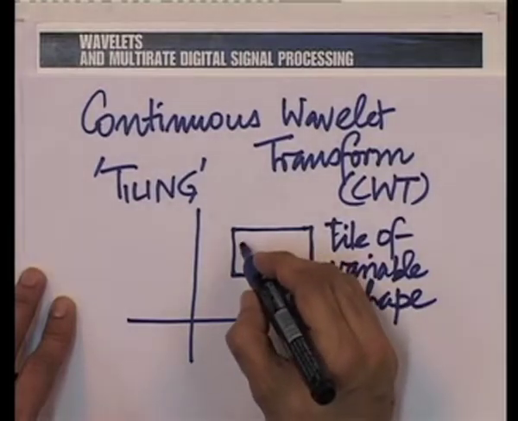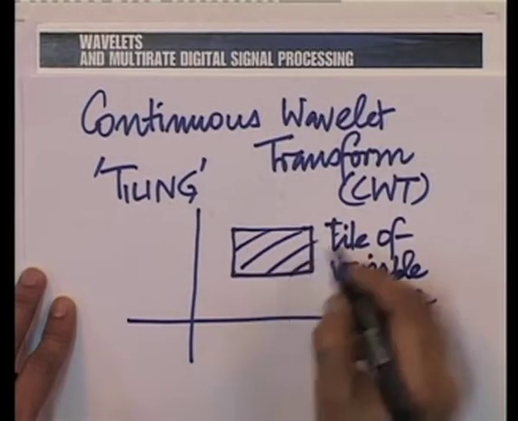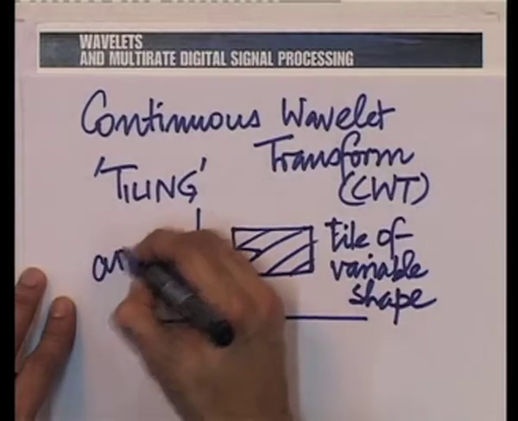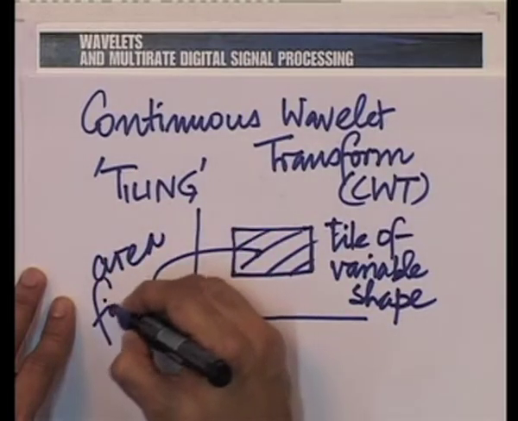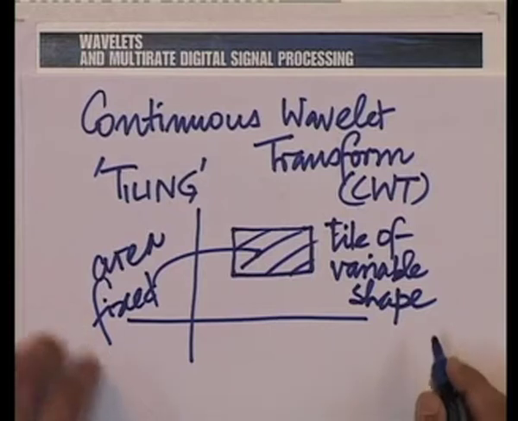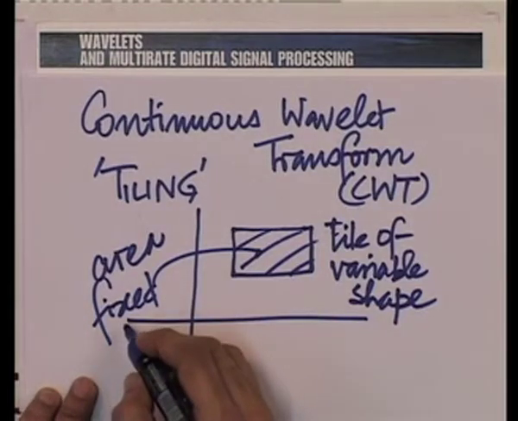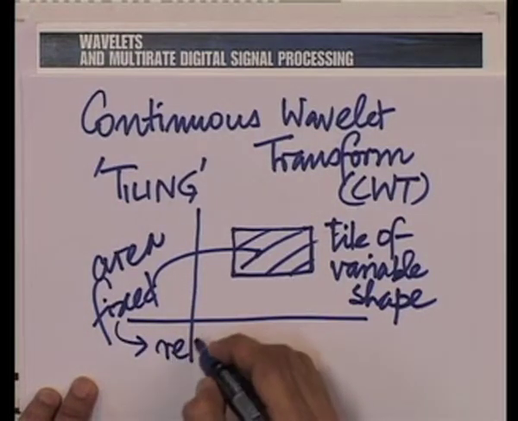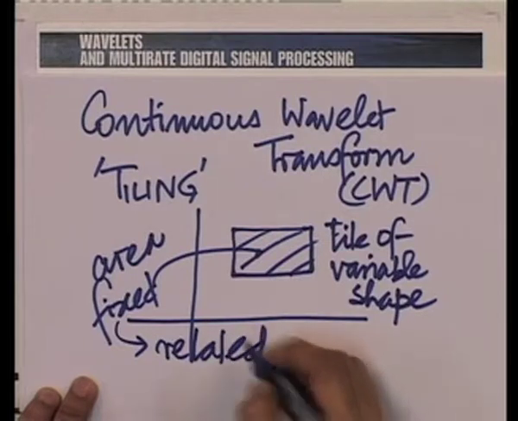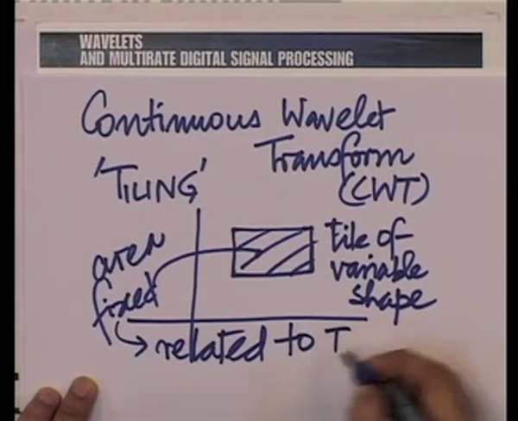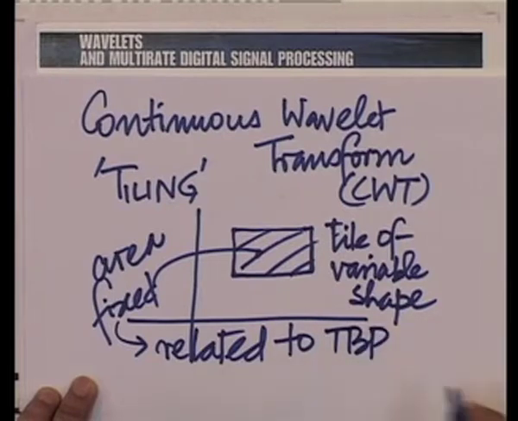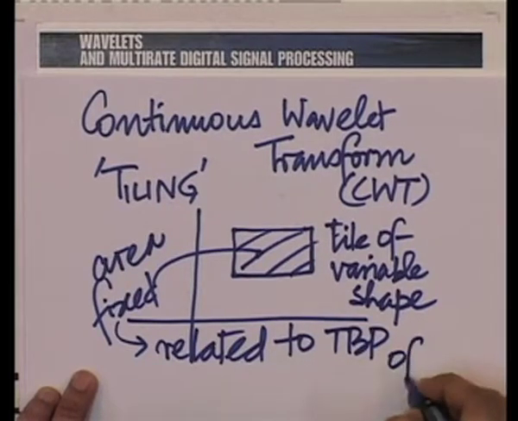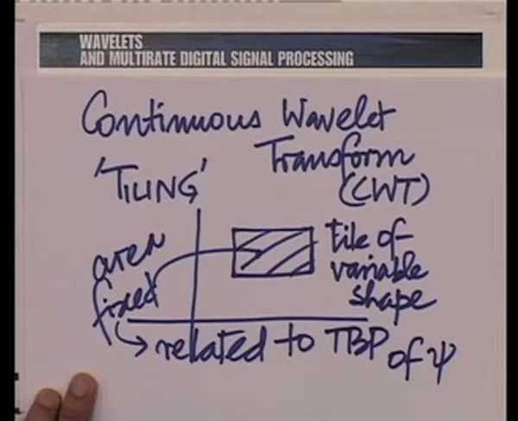The area of the tile is fixed. And the area of the tile is related to the uncertainty product or the time bandwidth product. So, I abbreviate time bandwidth product by TBP, the TBP of psi. You know how to calculate the area of this based on the time bandwidth product of psi.